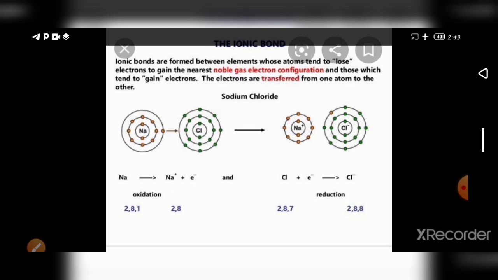Loss of electron is known as oxidation and gain of electron is known as reduction. Whatever you studied before, you have to recall the things we studied last time also. So here you remember again oxidation and reduction also.